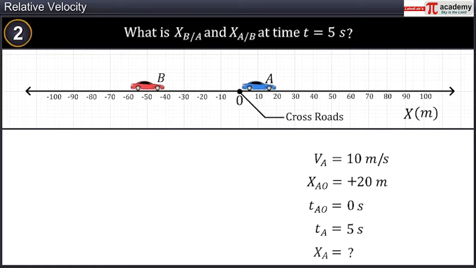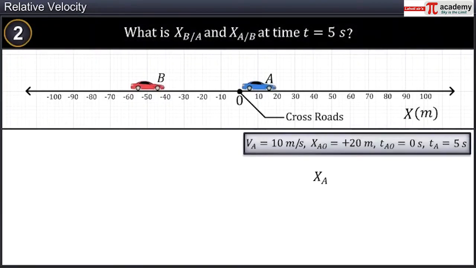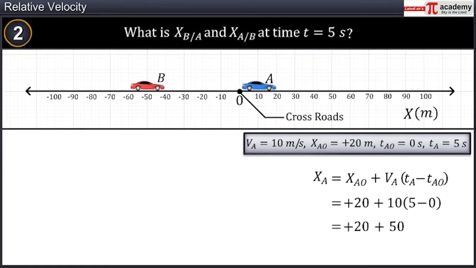We need to find xA. xA is equal to xA0 plus vA into tA minus tA0. On substituting and simplifying, we get xA equal to plus 70 meter.